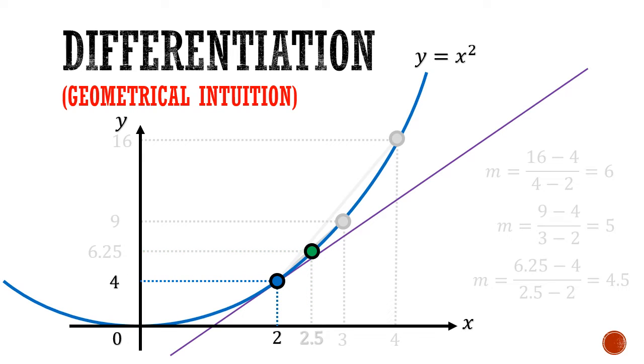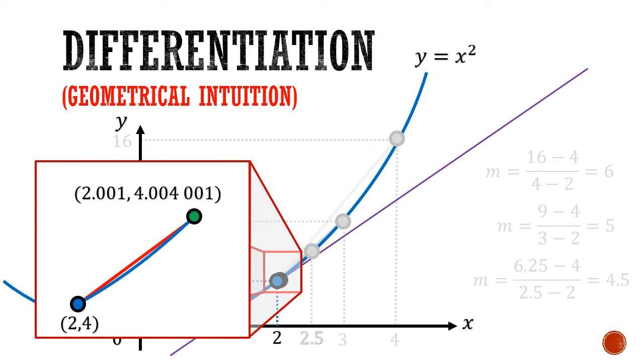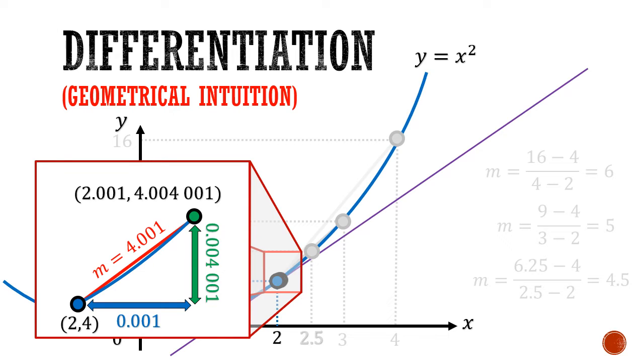Now I can move the point even closer until we have to magnify this space, and we can see that the change in x now is only 0.001, and the corresponding change in y is 0.004001. This gives us a gradient of 4.001.